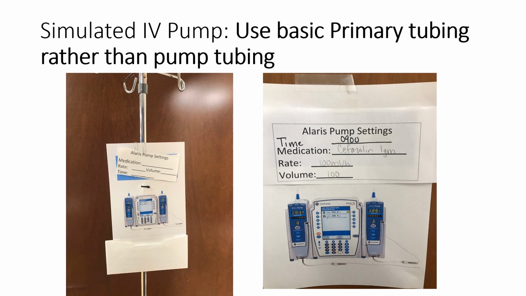You will then fill out the Alaris pump settings card and clip it to the cardstock as you see on the left. You will put your time, the medication you're hanging, and the rate at which it should go, as well as the volume. This lets your faculty know that you've hung the medicine and at the correct rate.